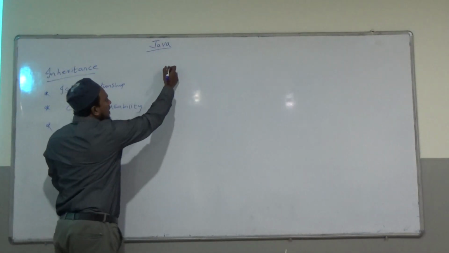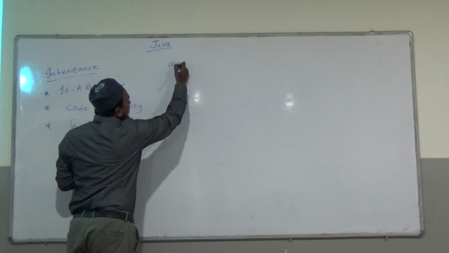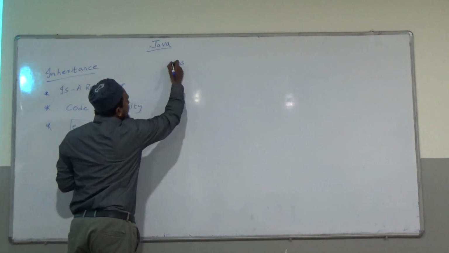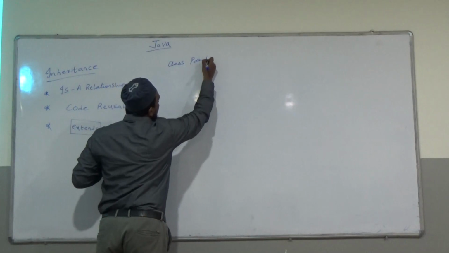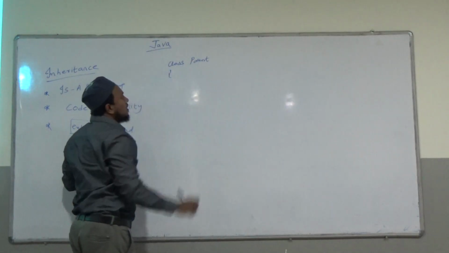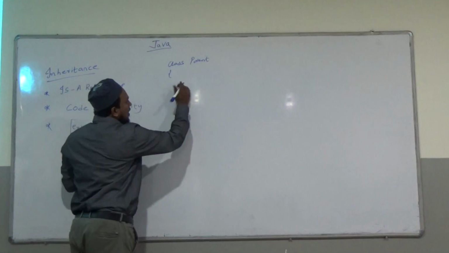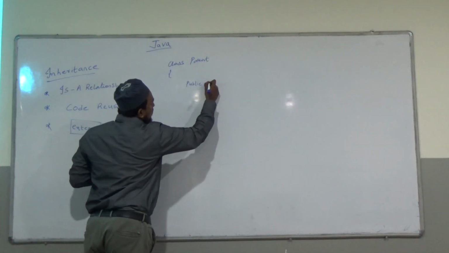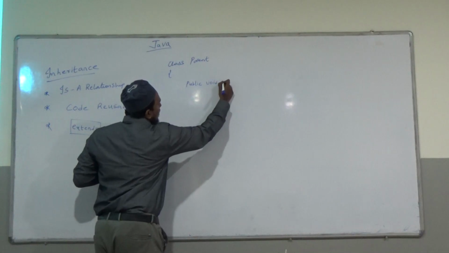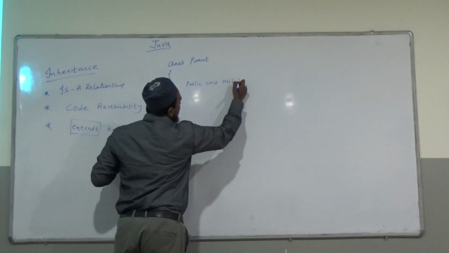Now see here, I will take one class, Parent. My class name is Parent. In this Parent class, I will write one method: public void M1 method.